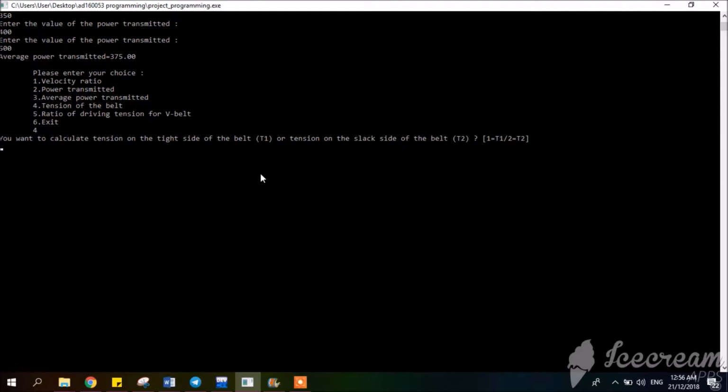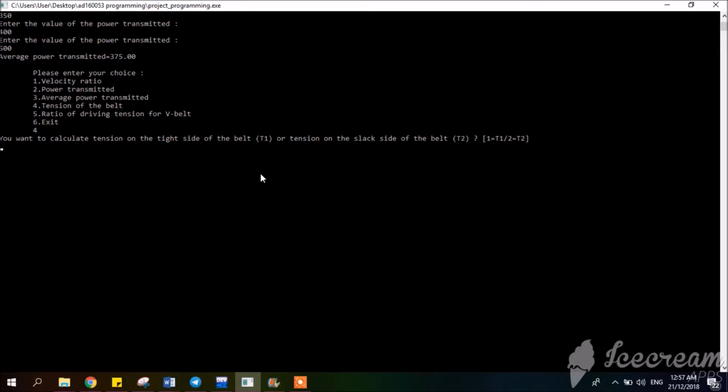We need to choose 1 or 2. If the user chooses 1, the user can calculate the tension on the tight side of the belt, T1. If the user enters number 2, the user can calculate the tension on the slack side of the belt. So we try to calculate the tension on the tight side of the belt first.